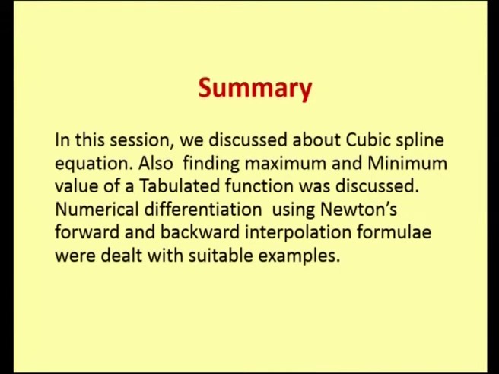Finding the maximum and minimum value of a polynomial is easier, but finding the maximum and minimum value of a tabulated function is a bit difficult. Therefore, we utilized Newton's forward and backward interpolation formulas to find the maximum and minimum value of a tabulated function. We have also discussed numerical differentiation using Newton's forward and backward interpolation formulas with suitable examples.